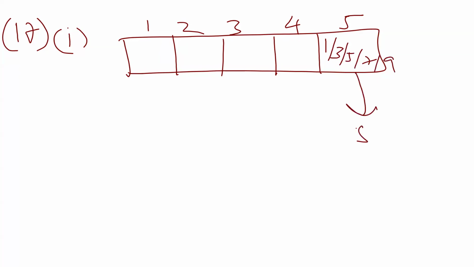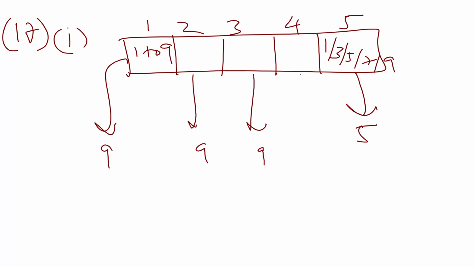So this will be 5 ways. This will be from 1 to 9 because repetition is allowed. So this is 9 ways, this is 9 ways, this is 9 ways, and this is 9 ways. Everything is 1 to 9. You have to multiply all this, you'll get the answer.